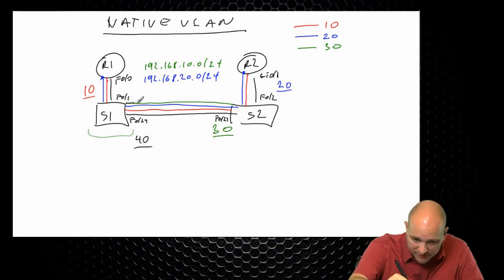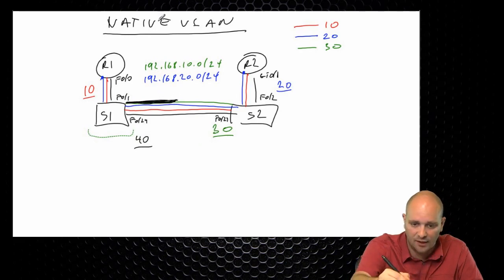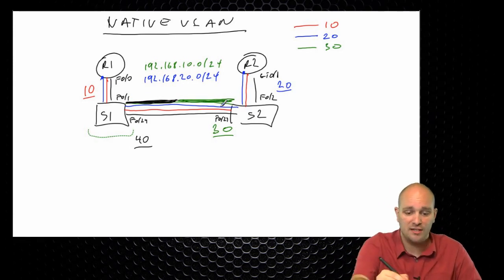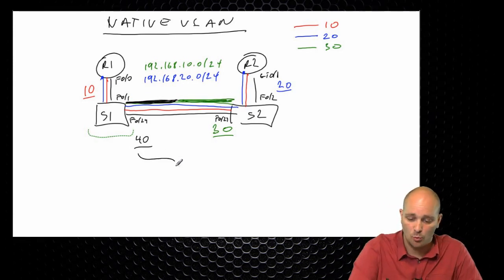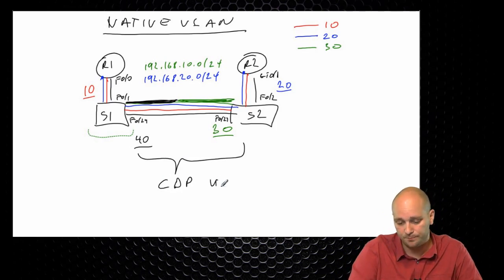So I do have this kind of unusual situation. This side thinks the native is 40, and this side here thinks that the native is VLAN 30. And obviously, when you have this situation, what you are going to get is the CDP native VLAN mismatch.